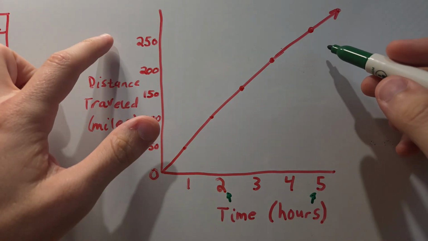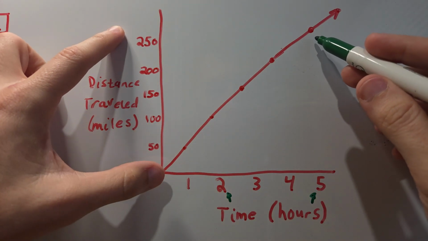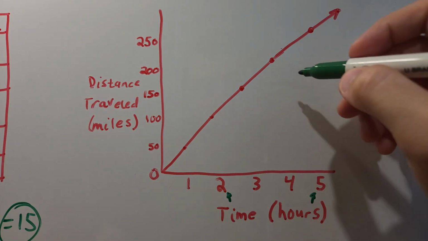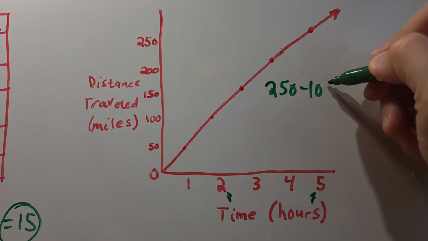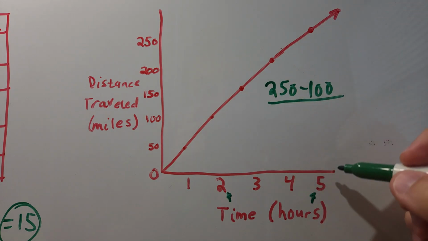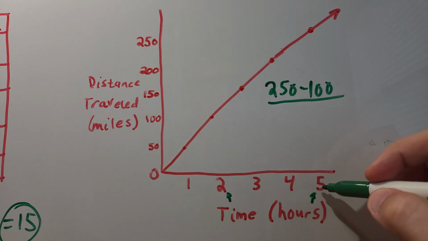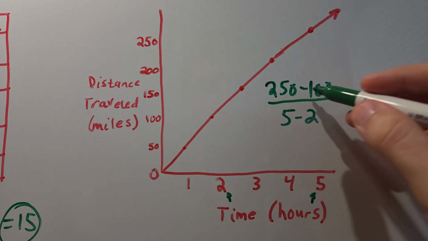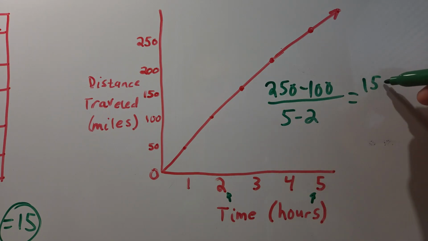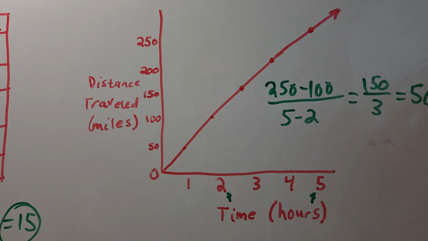So those respective y values, that would be 250 minus 100. And then those respective x values, 5 minus 2. This gives me 150 over 3, and that gives me 50.